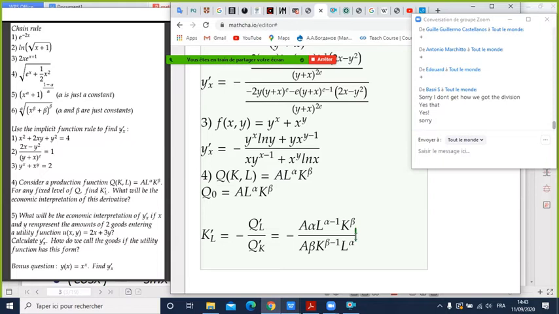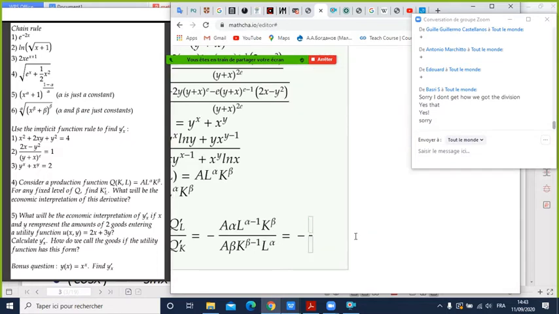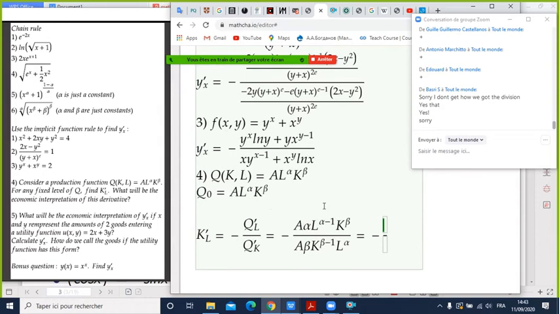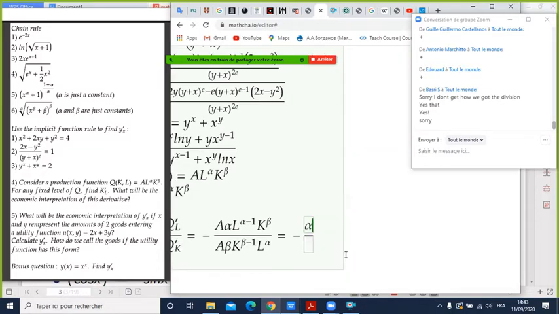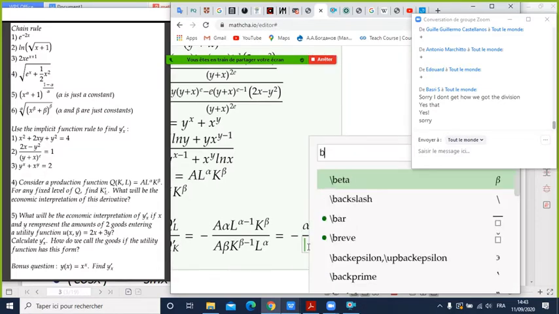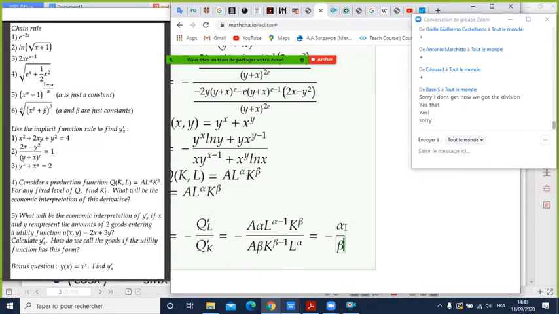And here what I'd like to do is simplify it, before we discuss what that is. So the way we simplify it: a and a go away. Then we have here alpha, here we have beta, and we cannot do much with that. And now let's see what we have in terms of the exponents, because you have here L to the power alpha minus 1, L to the power alpha.